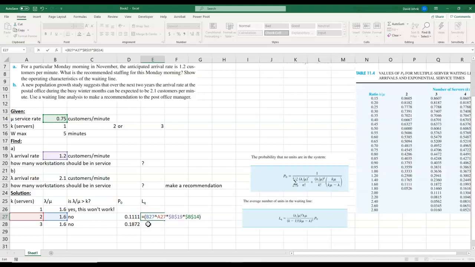Right? And I want to divide that by the factorial of k minus 1 times parentheses k times mu F4 minus lambda F4, and then that quantity and that little fraction, we want to take it to the second power.